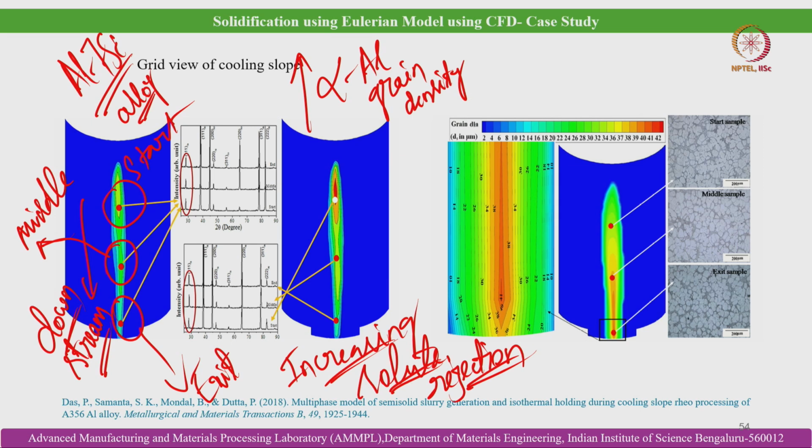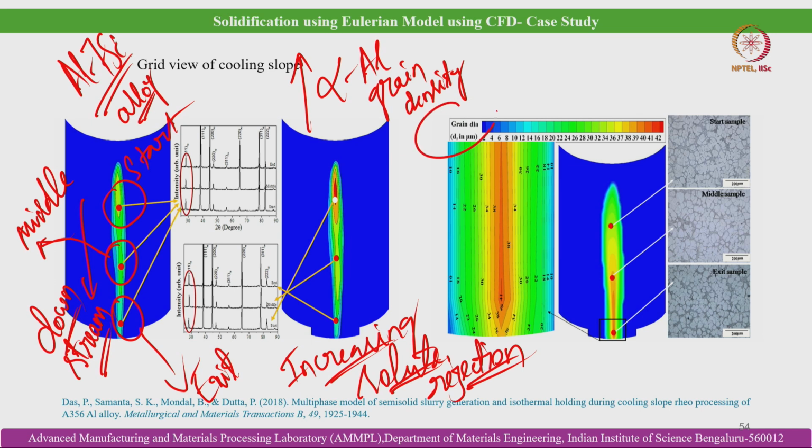There are several flow variables and also solidification variables that have been solved using the Eulerian multi-phase flow model that has been developed. Another example capability of the developed model is predicting the microstructural information.